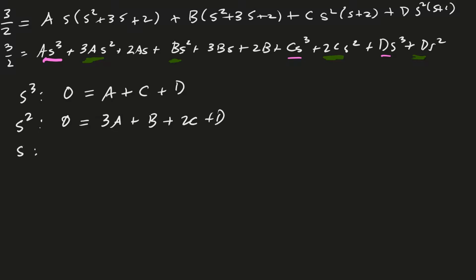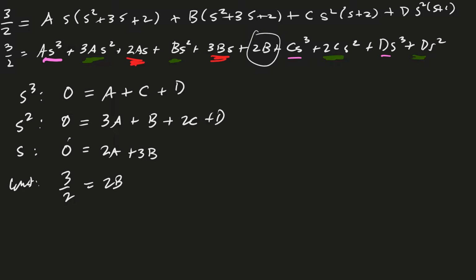And our s terms are, where do you see s terms? There's an s term, there's an s term, and that's it. That's not bad. S terms are 0 equals 2A plus 3B. And then finally, constant 3 halves is equal to, do you see that the only constant here is 2B?